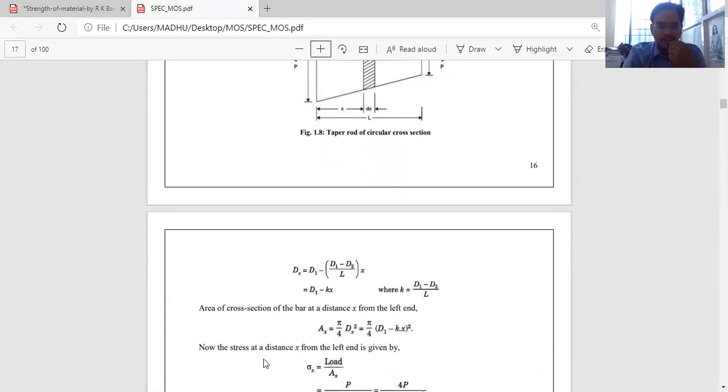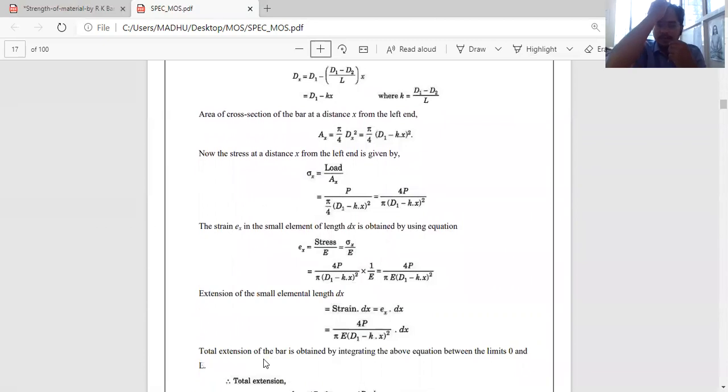Area of cross section of the bar at a distance x from the left end. So the area of cross section Ax is pi by 4 D square, which is pi by 4 (d1 minus kx) whole square, because D is nothing but d1 minus kx.